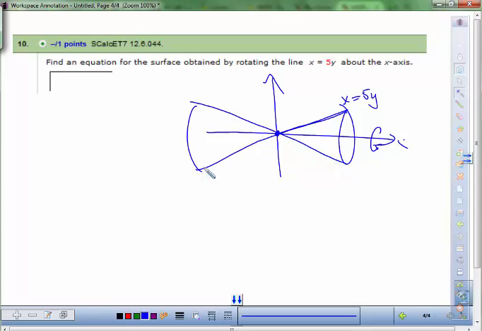So what are we going to get? We're going to get a cone, right? So instead of going through that process of drawing the line, rotating about the x-axis like you did in Calc 2, we can actually express this cone with a set of equations.